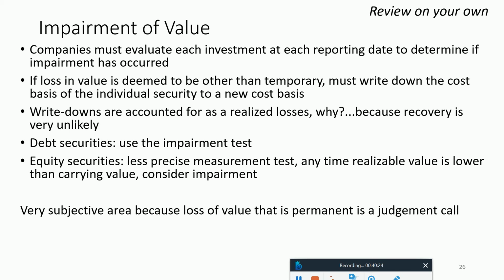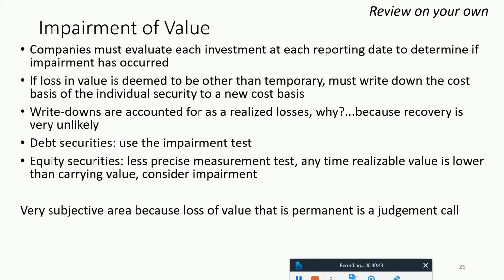Now, the problem with this approach is that it can be very subjective, because determining that the loss of value in a security is other than temporary is very much a judgment call.